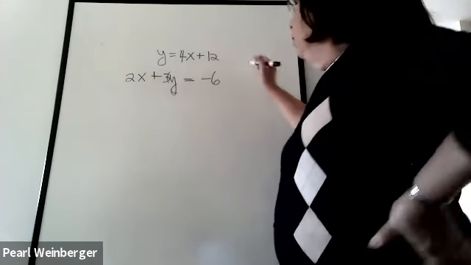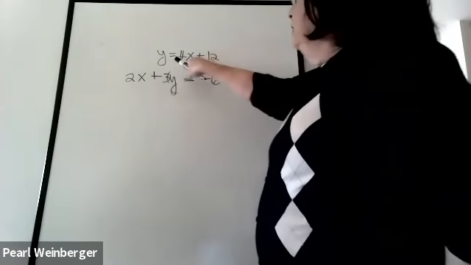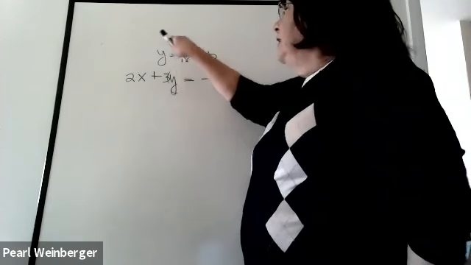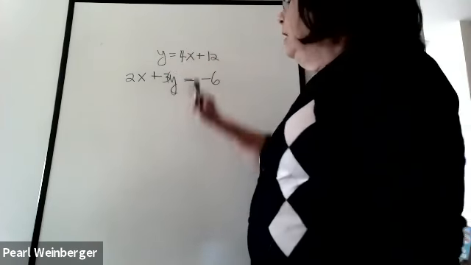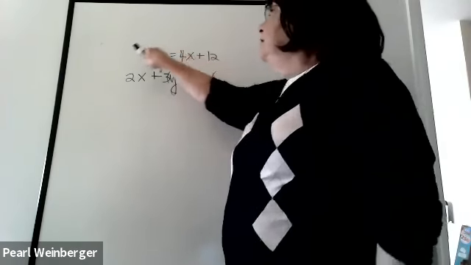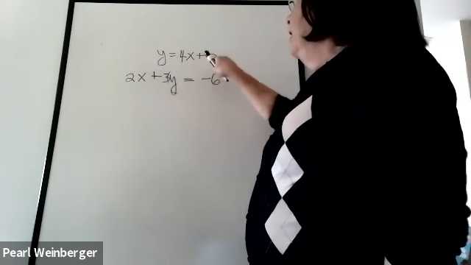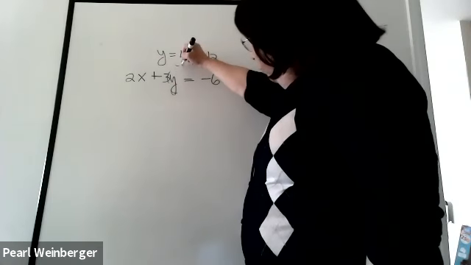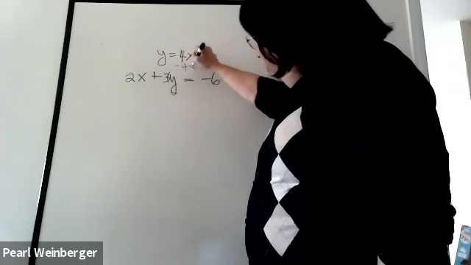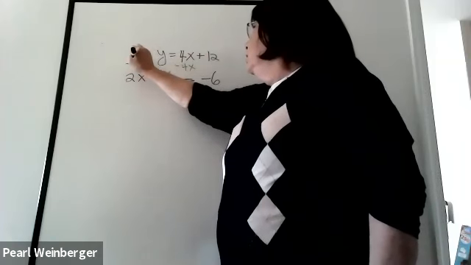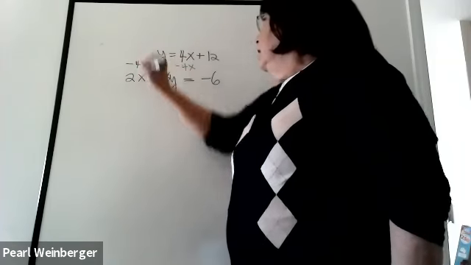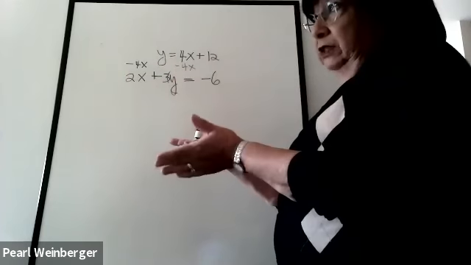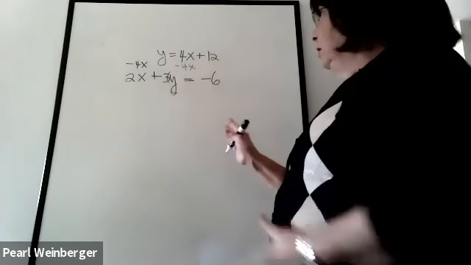But the top equation is not in standard form because it has the x on the opposite side of the y. I need to get the x on the same side as the y and have the number alone. So I will subtract 4x from both sides of this equation, and put it so the x comes first, the y second, the equal sign, and the number.